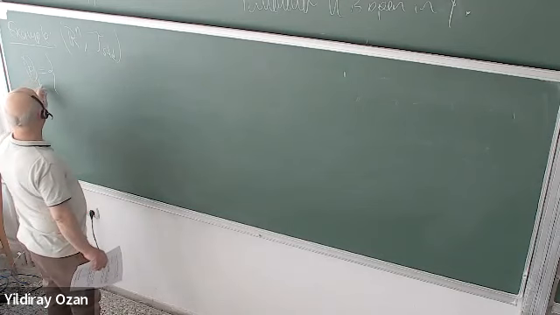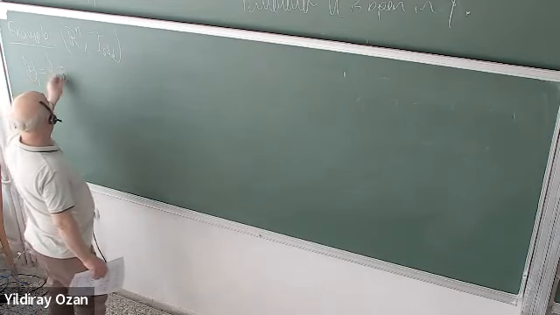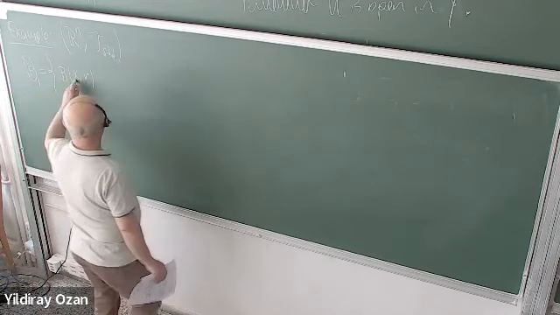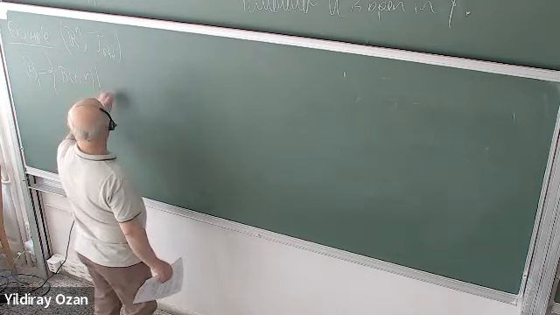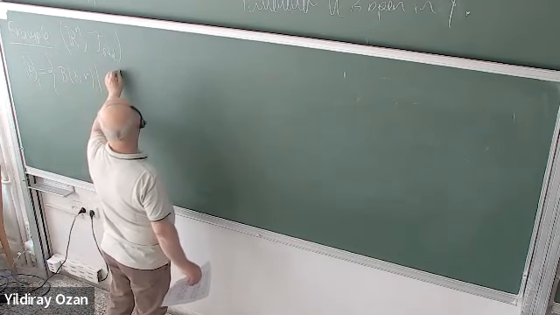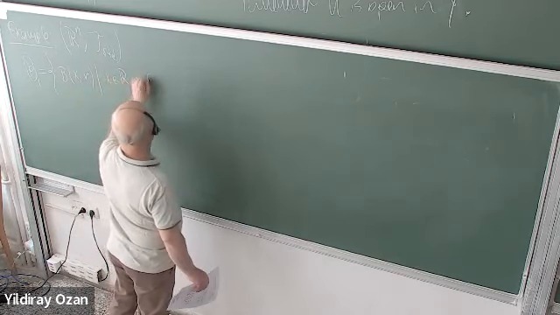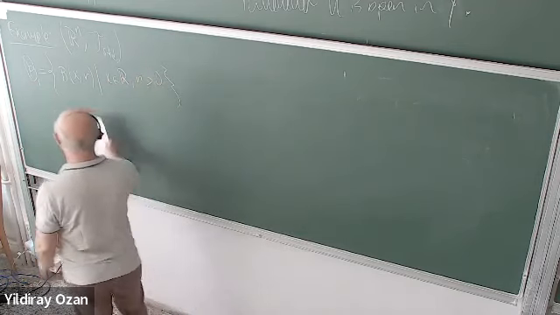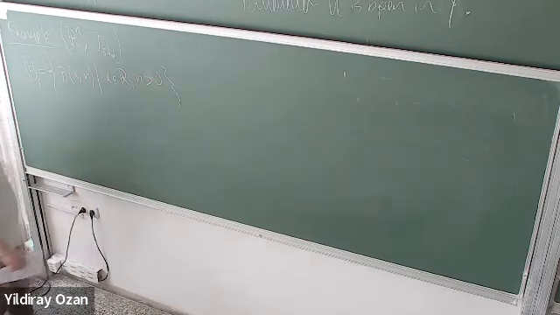One basis actually could be just balls with center x and radius r. x is in Rn and r is a positive real number. This is a basis, right? This is a basis.